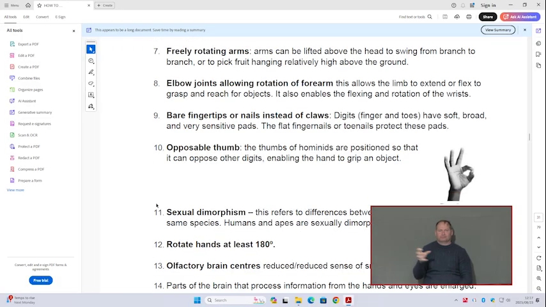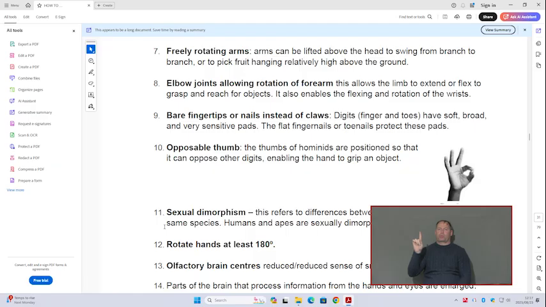So both us and the great apes, we have an opposable thumb. And this opposable thumb, it is an advantage to us because it assists us with power grip. So we are able to grasp objects.